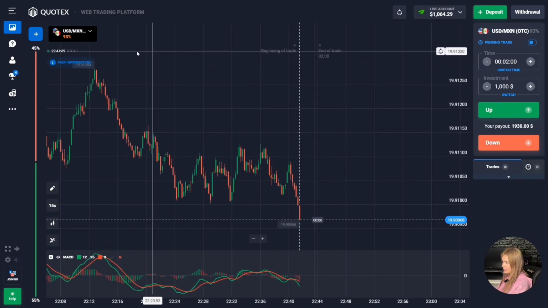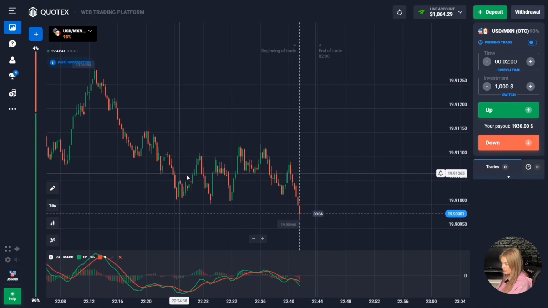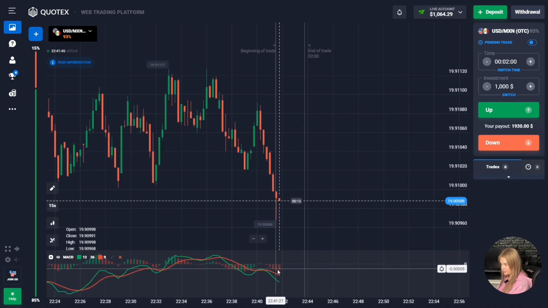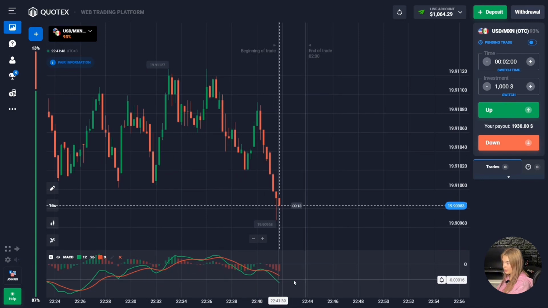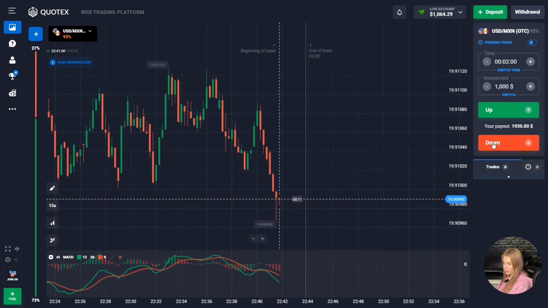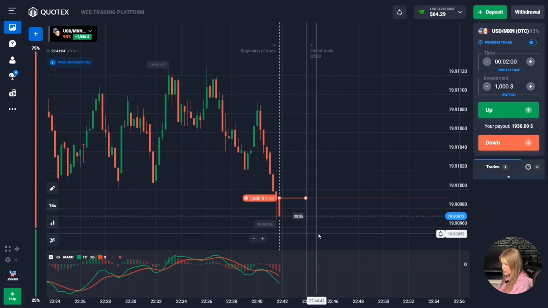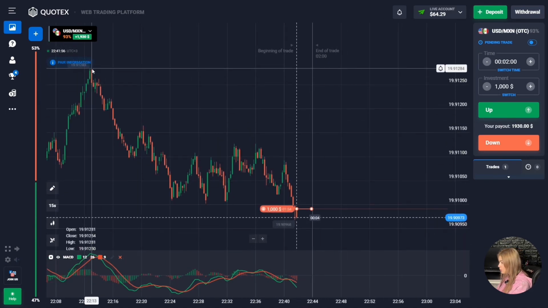So as you can see here, the price is moving in a downtrend, and at the moment it is showing a decrease. At the same time, a red histogram is formed and the green line went down. Therefore, we are opening a deal to go down because we also see that the main price highs on the chart are getting lower.